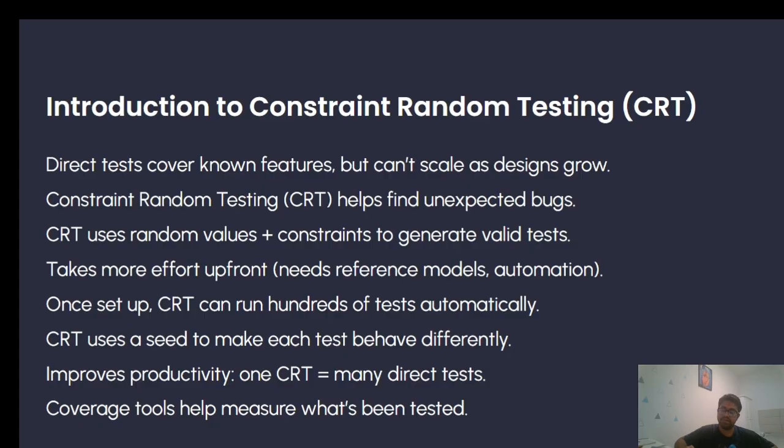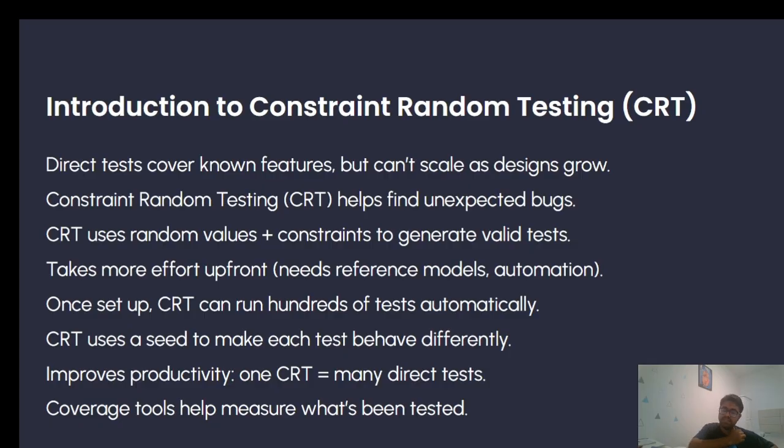But constraint random testing, or CRT, helps us to find surprise bugs by using random input controlled by constraints, so the inputs are still realistic.